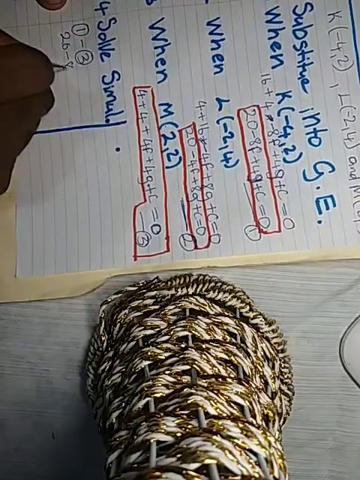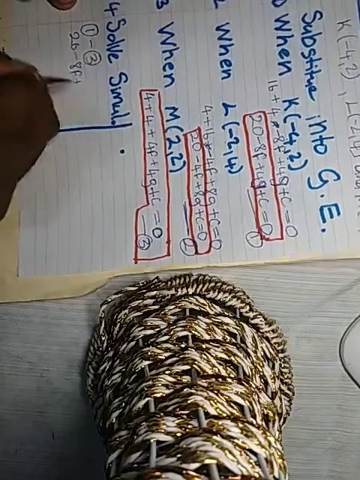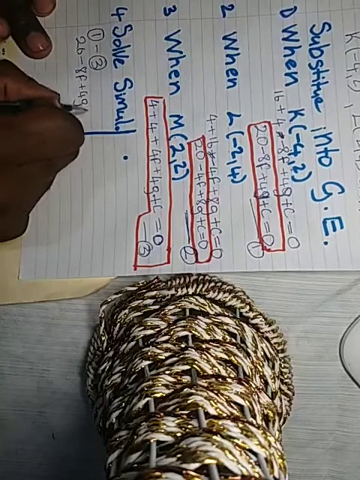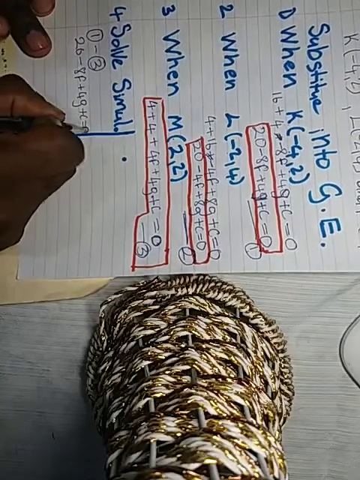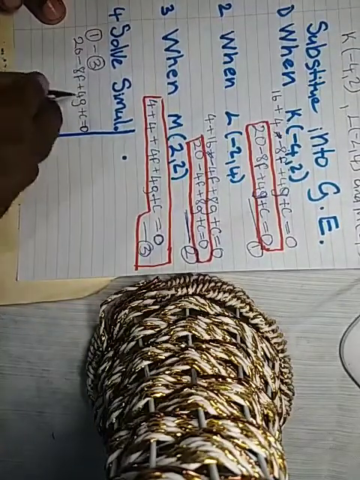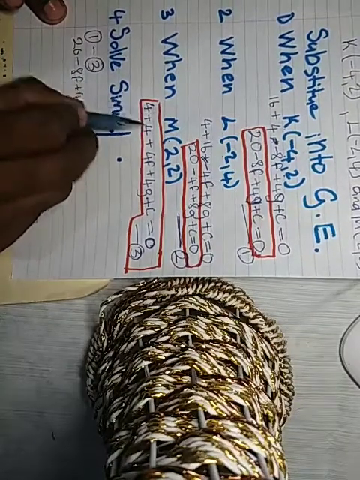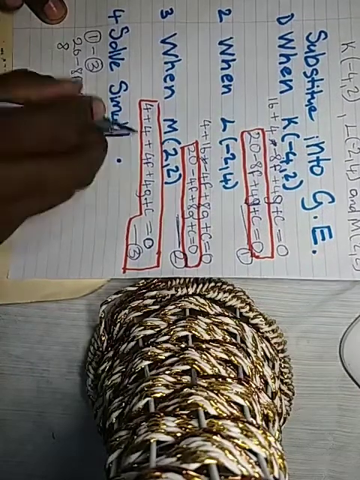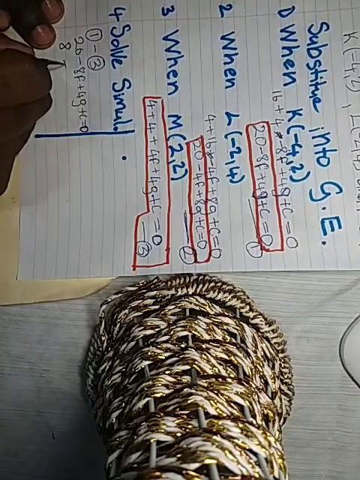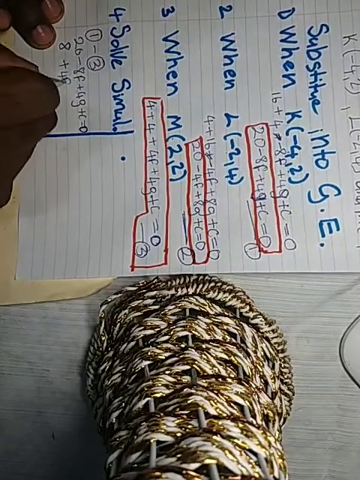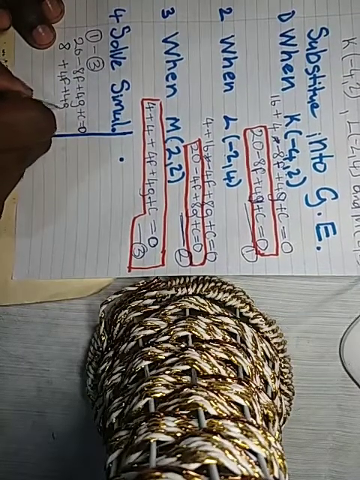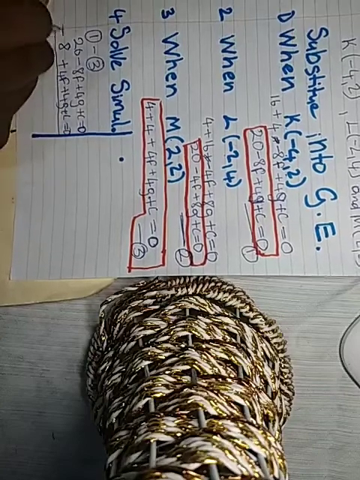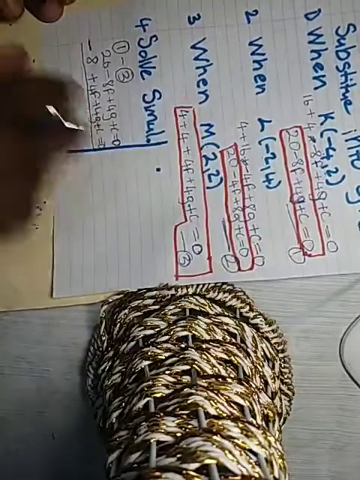So this would be 20 minus 8f plus 4g plus c is equal to 0. And here, we didn't simplify this, but we can write that this is 8, 4 plus 4 is 8, plus 4f plus 4g plus c is equal to 0. And we subtract.